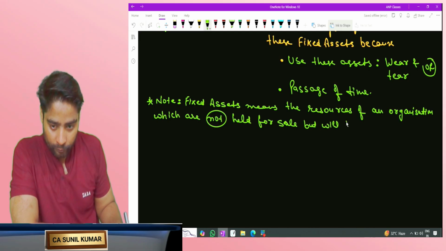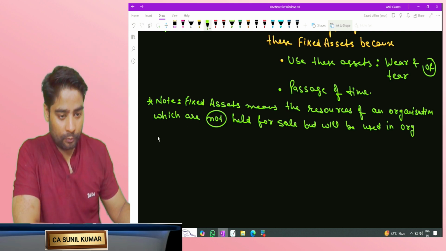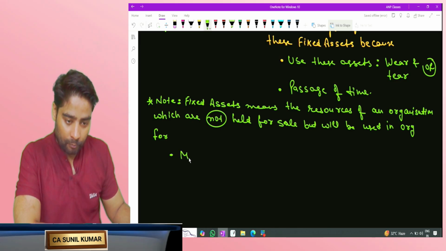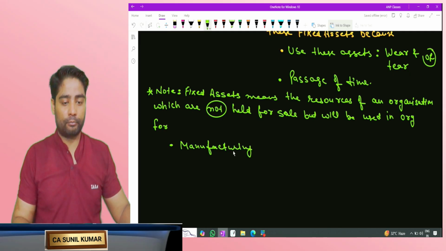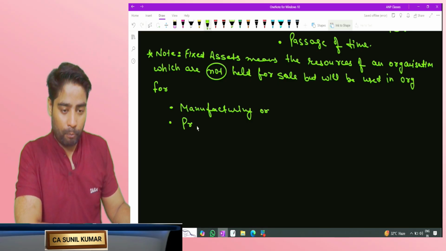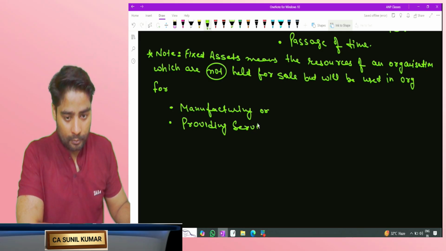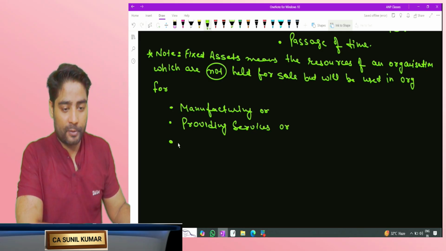They will be used in the organization for manufacturing or providing services or administrative purposes.